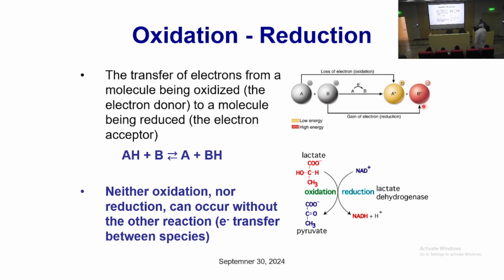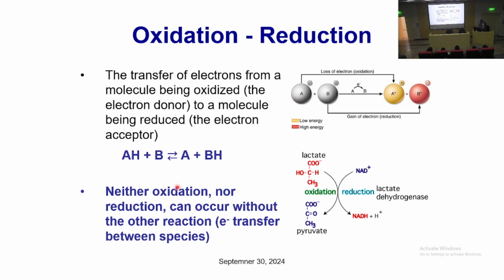It became negatively charged, so it became reduced. What happened to molecule A, which lost electrons and became positive, is that it became more oxidized, and the opposite happened to molecule B.